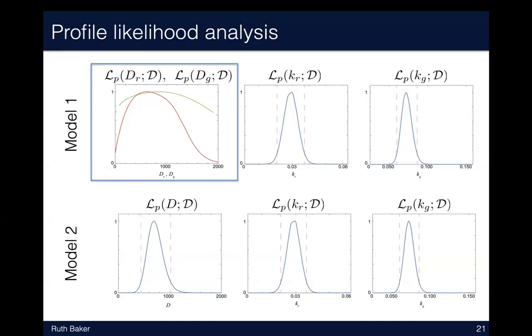For me, at least, the reason I would prefer profile likelihood analysis over MCMC is that it is relatively efficient, at least when your model doesn't have too many parameters, because it's just repeated numerical optimization, whereas the other requires MCMC that can take quite a long time. I think you get the same kind of information out of both, but generally speaking, this is a very informative thing to do.